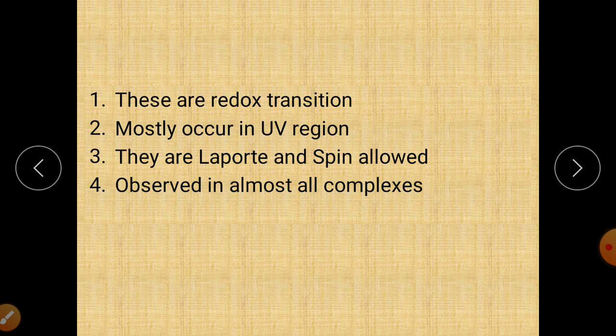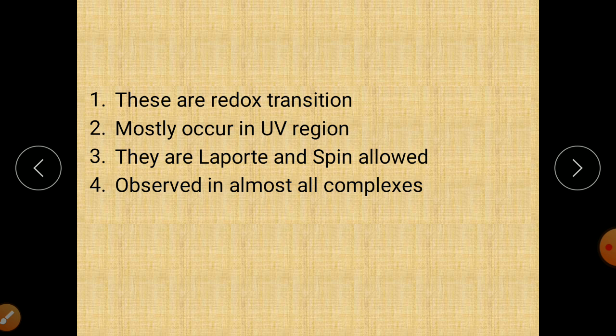Redox transition means both oxidation as well as reduction. Either the ligand is reduced and the metal is oxidized, or the reverse. These mostly occur in the UV region because the charge transfer energy is greater than the d-d transition.